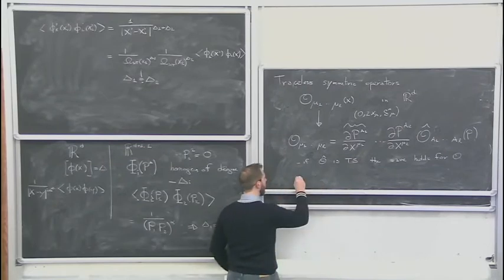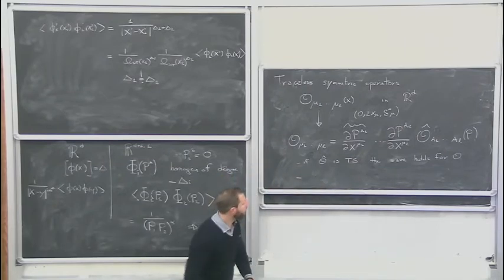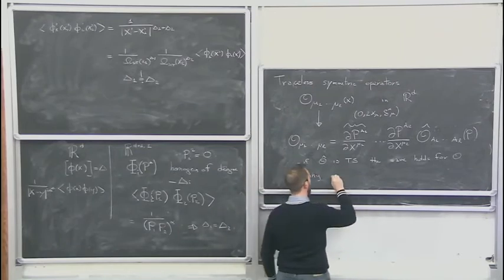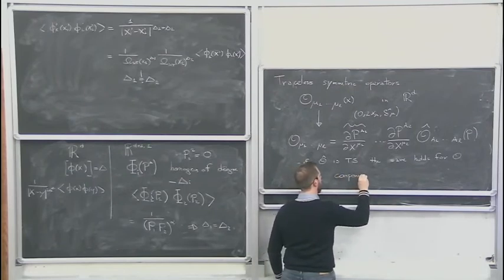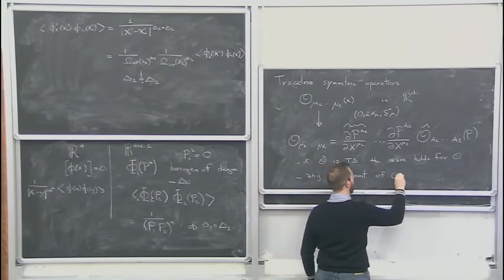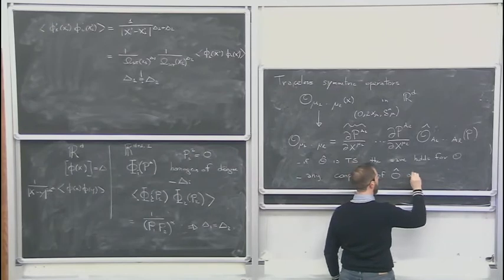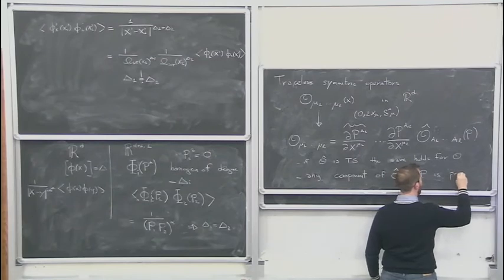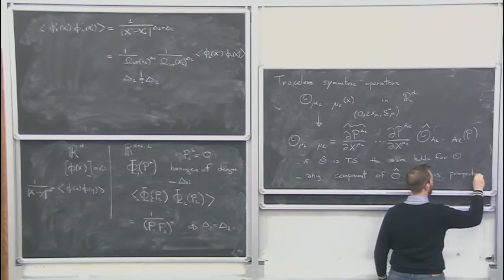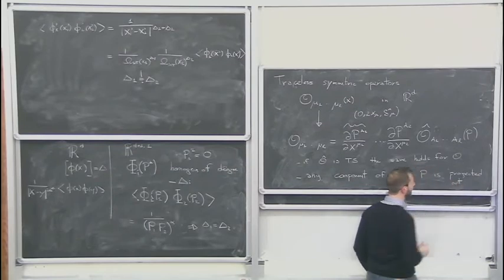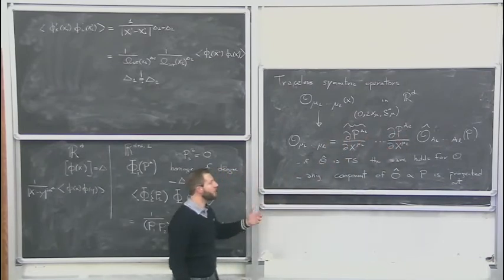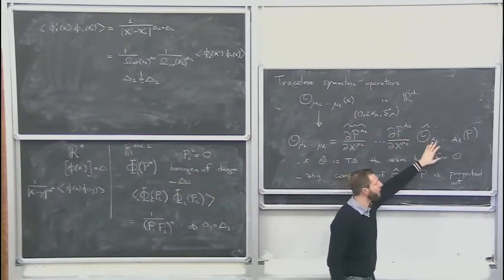Second of all, this projection introduces a sort of gauge invariance. So any component of O hat proportional to P is projected out. So all longitudinal components are projected out by this operation, which is good because it makes the counting of degrees of freedom correct.